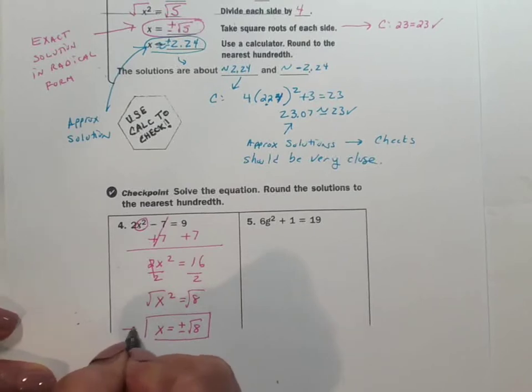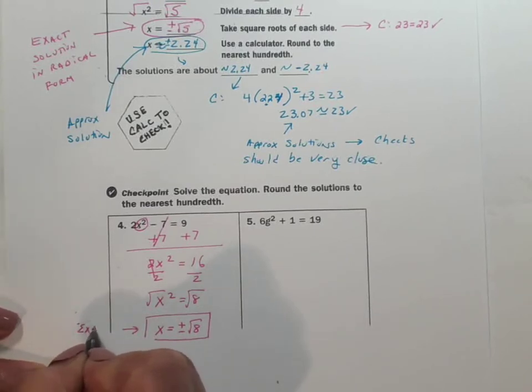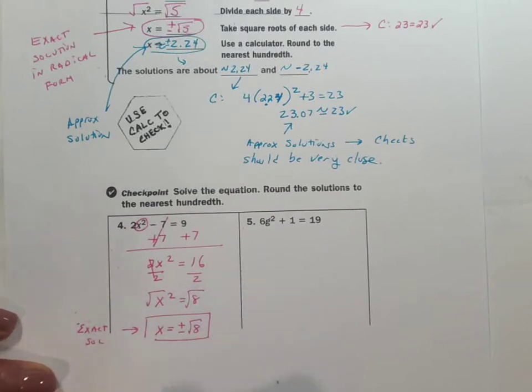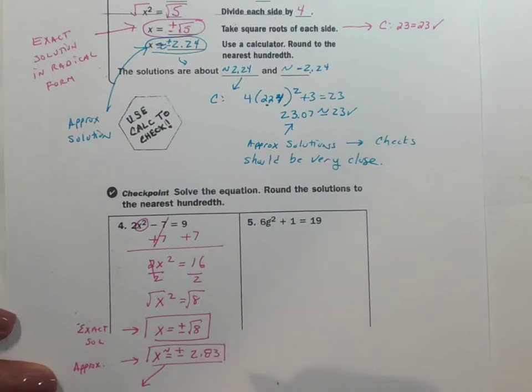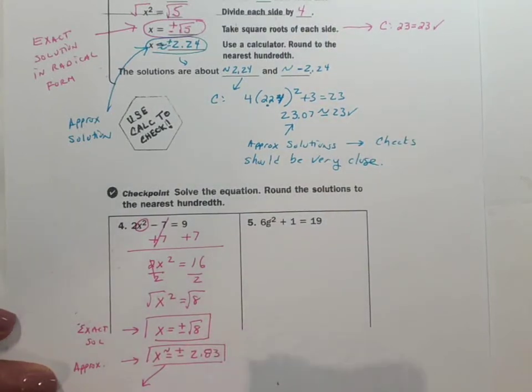That is the exact solution. I use my handy dandy calculator. I get x is the square root of 8, approximately plus and minus 2.83. I put a little squiggly there to represent that that's an approximate solution. To make sure I haven't made any mistakes, I'm going to check.